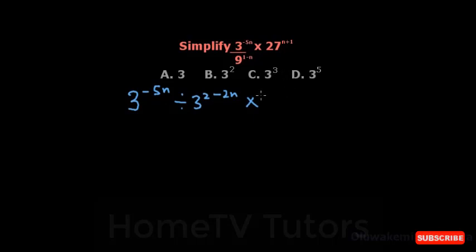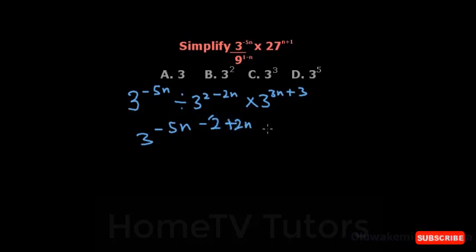So that's 3 raised to power 3. So we multiply the 3 by n, giving us 3n plus 3. Okay, so this would be 3 to the minus 5n minus 2 minus 2n.